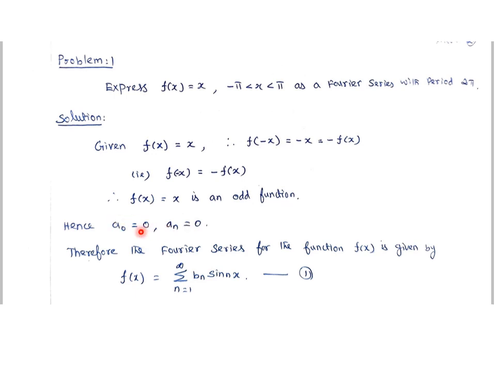Therefore, the first two terms will become 0. The remaining third term is only bn into sin nx. So if we are able to find bn, then the problem is over. We can write the given function in terms of Fourier series.